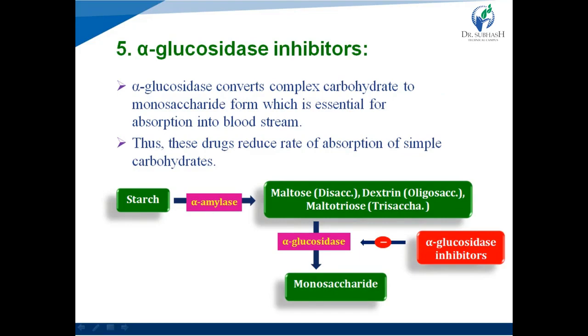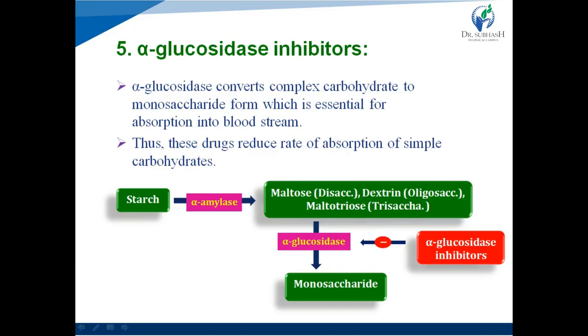Fifth class is alpha glucosidase inhibitors. The only form in which glucose is absorbed into our bloodstream is its simplest form, which is monosaccharides. Starch, with the help of the alpha amylase enzyme, is converted into disaccharide, oligosaccharide or trisaccharide, meaning maltose, dextrin or maltotriose.